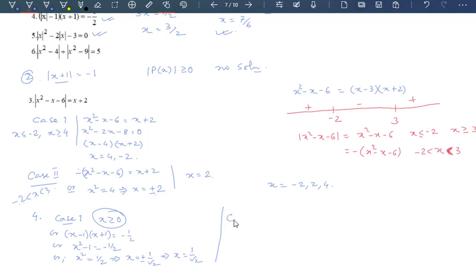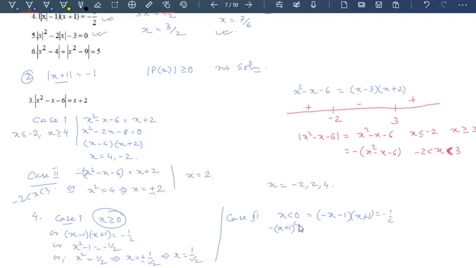Coming to case 2, x less than 0. So it will be minus x minus 1 into x plus 1 equal to minus half.